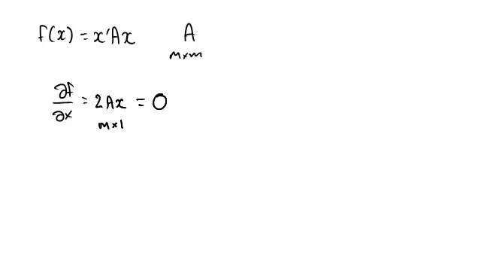We can divide both sides by 2, and we're left with the homogeneous linear system A x equal to 0. Since it's homogeneous, we know that x equal to 0 must be a solution. Again, the 0 is a 0 vector. A quadratic form will always have a stationary point at the origin.